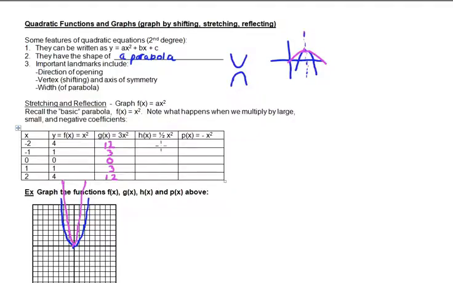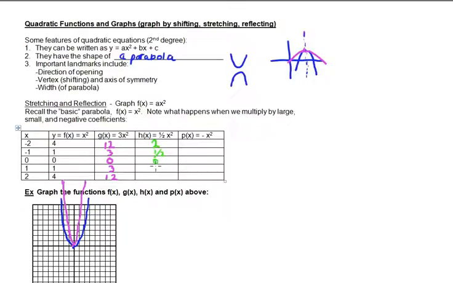We can also multiply by a coefficient that's a fraction, in this case a half. What that does is it takes all of our vertical values or our y values and divides them by 2. So if we take the y value for f of x and cut that in half, we end up with positive 2, and then 1 multiplied by a half gives us a half. And then 0 times a half is still 0.